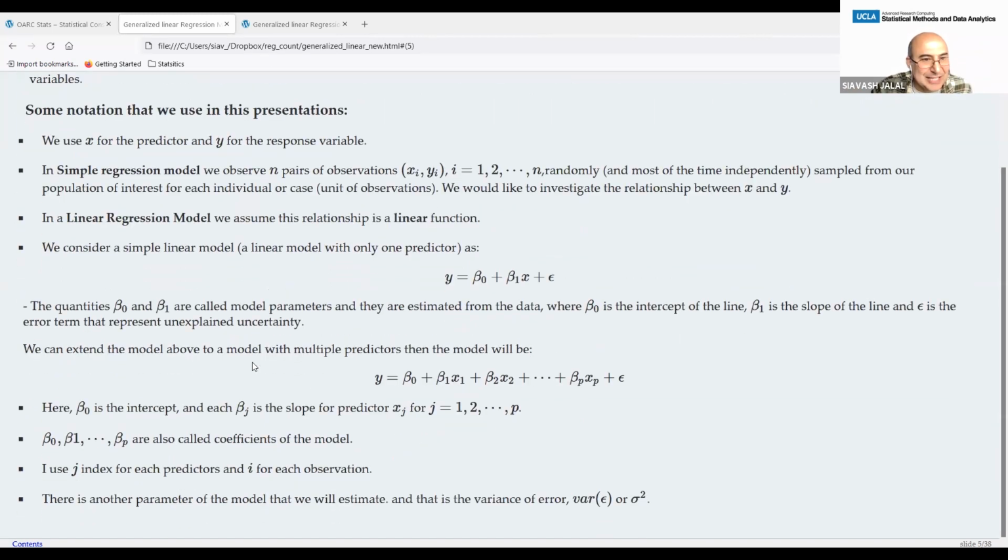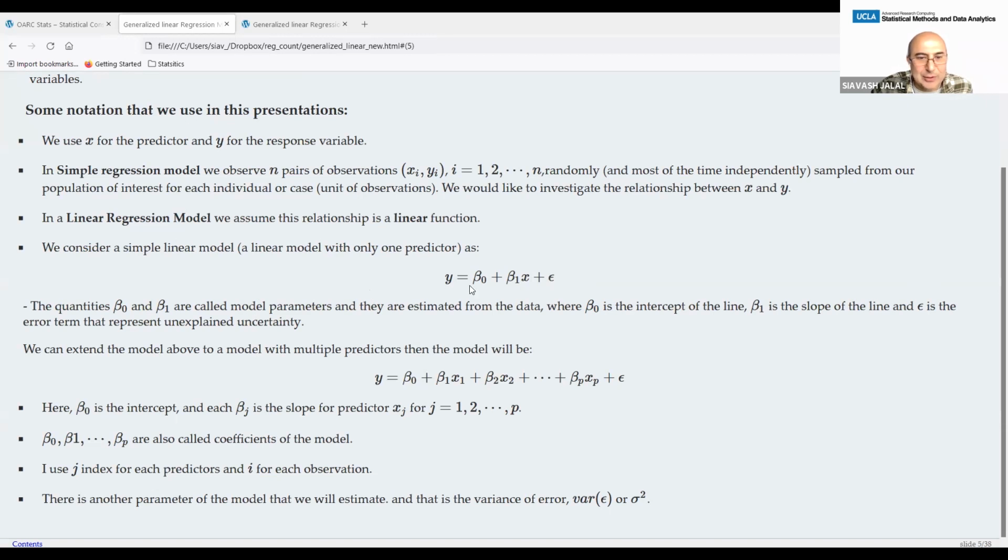In linear regression, as you can see from its name, we assume this relationship is linear. Okay, so then we can write the model formula this way.